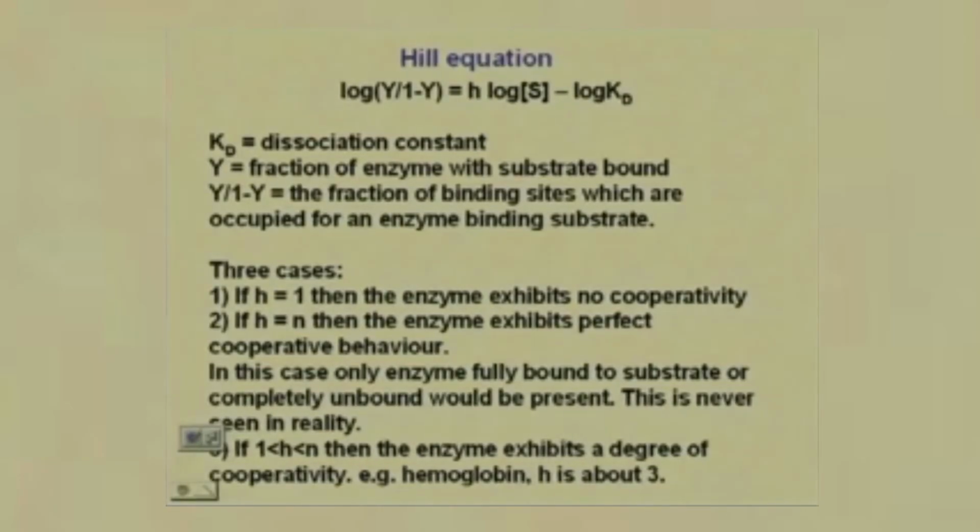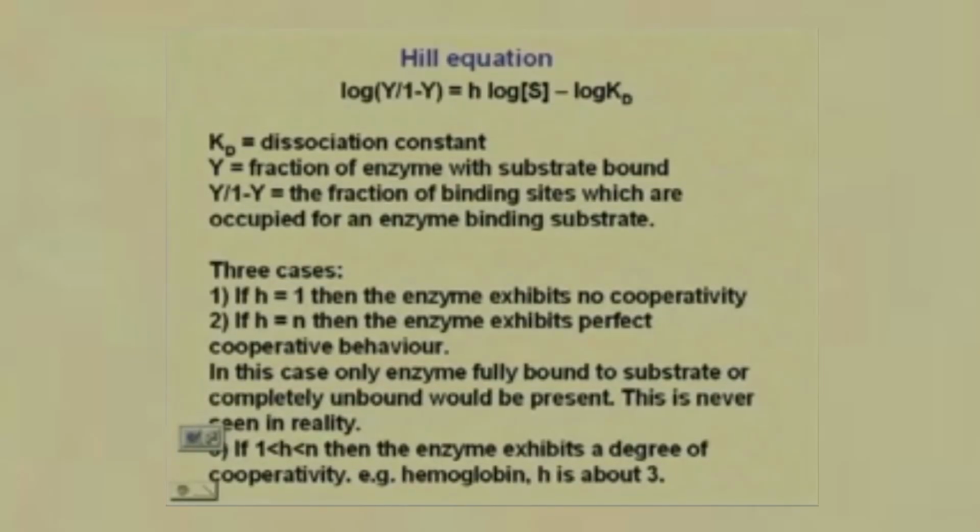It means that the binding of one ligand molecule, one substrate molecule, is going to activate the binding of the other ligand molecules. If there is no such cooperativity, say hemoglobin was non-cooperative, what would it mean? That if one heme bound the oxygen, it didn't matter to the other subunits.